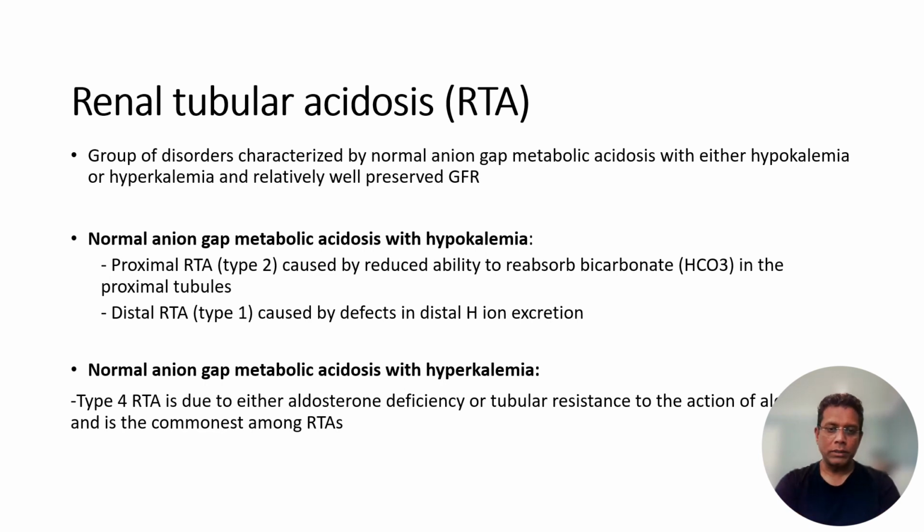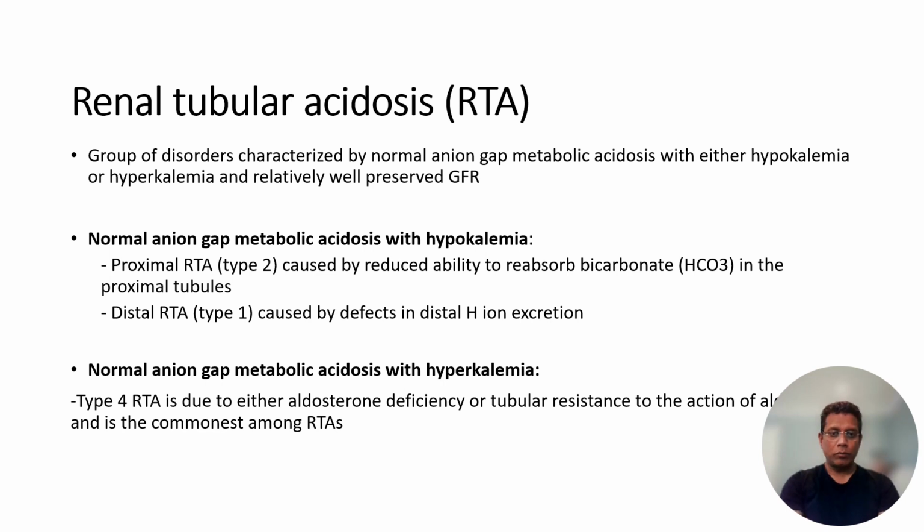Type 2, which is proximal, is basically an inability to reclaim or reabsorb back bicarbonate in the proximal tubules. So we freely filter bicarbonate in our glomeruli and we reabsorb 100% of that bicarbonate. 90% is reabsorbed in the proximal tubule. So our inability to reabsorb bicarbonate in the proximal tubule leads to proximal renal tubular acidosis.